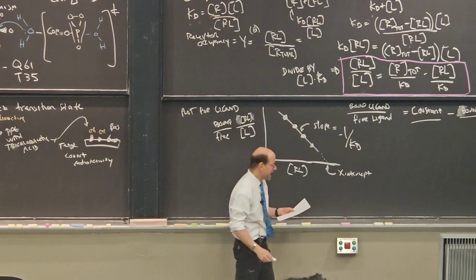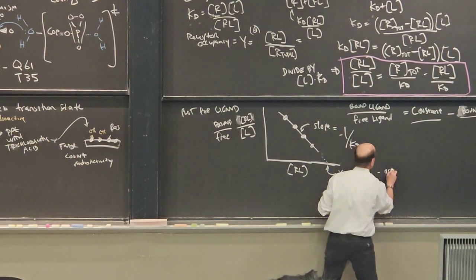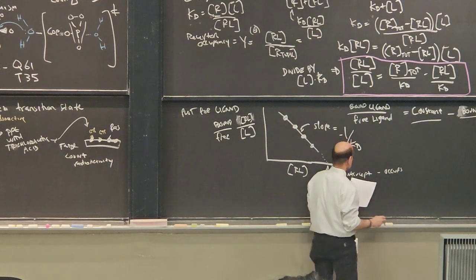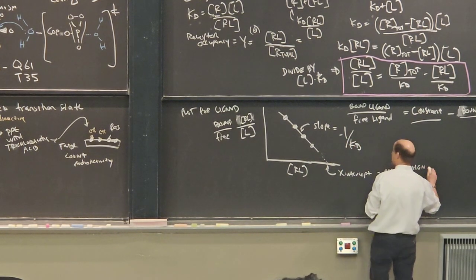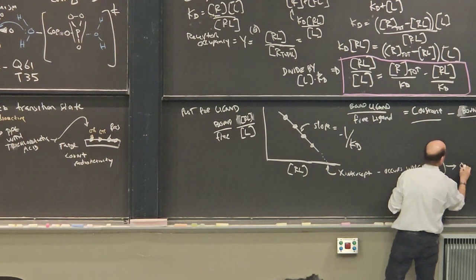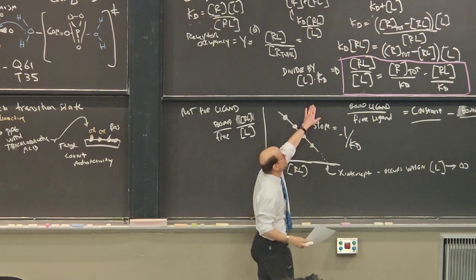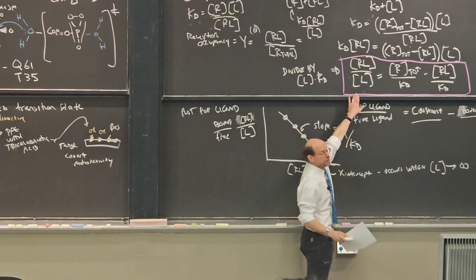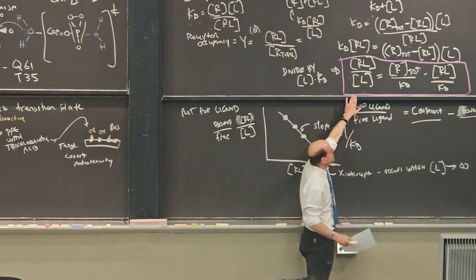The x-intercept occurs when the concentration of ligand goes to infinity. Why? Because when the concentration of ligand goes to infinity, this first term, concentration of bound ligand over infinity, is going to go to 0.